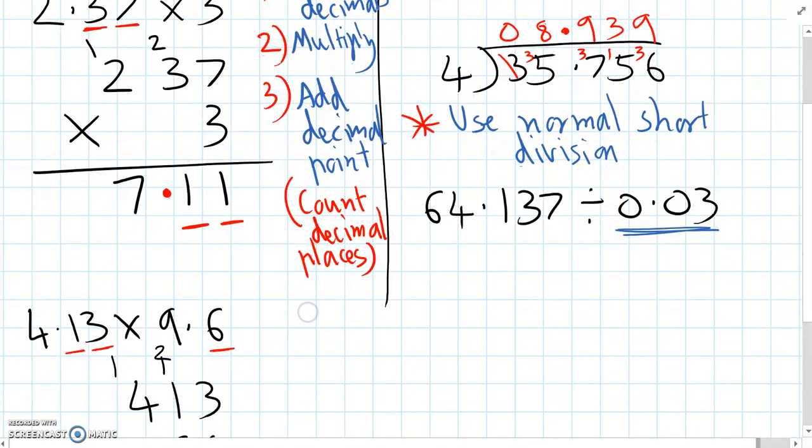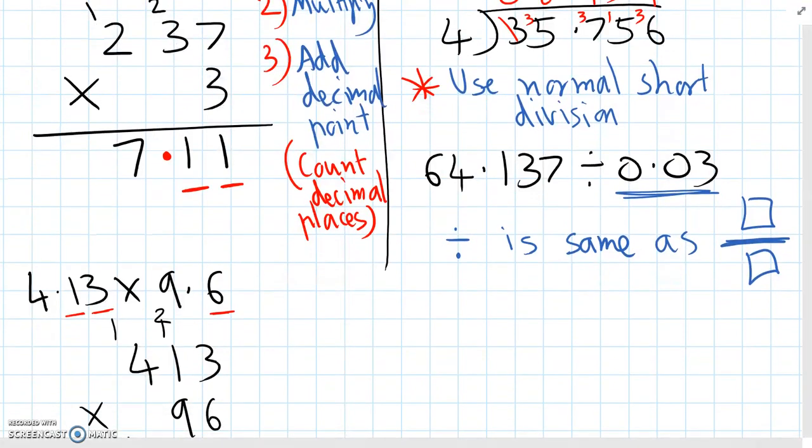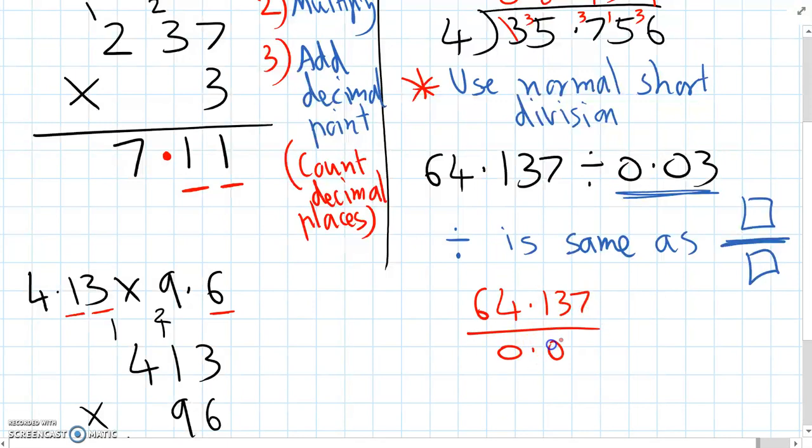And to do this, we can make a fraction to help see what's going on. And remember that the divide sign is the same as a fraction, one thing over another. So we can actually write this as 64.137 over 0.03.